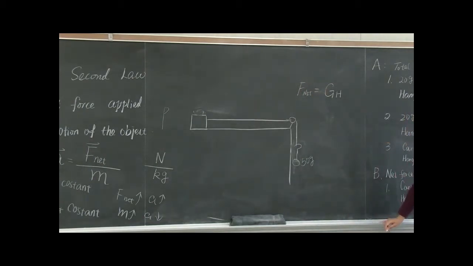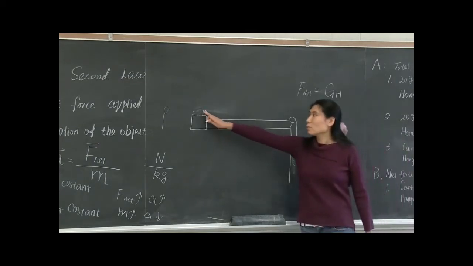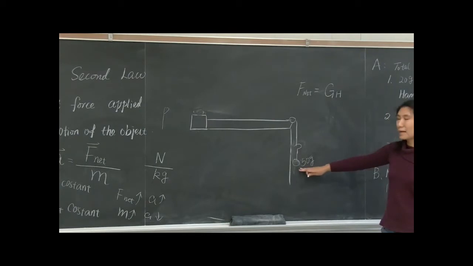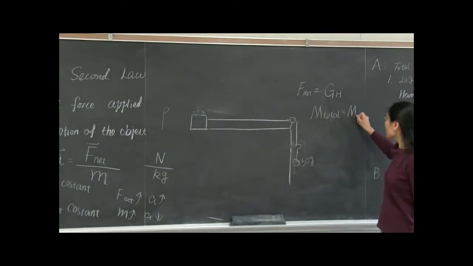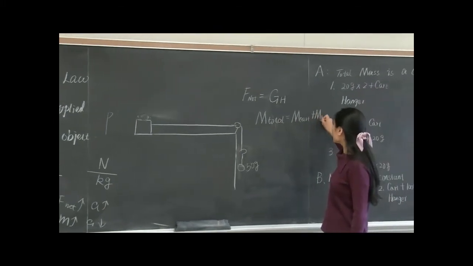The total mass in the system is the mass of the cart plus the mass of the hanger.